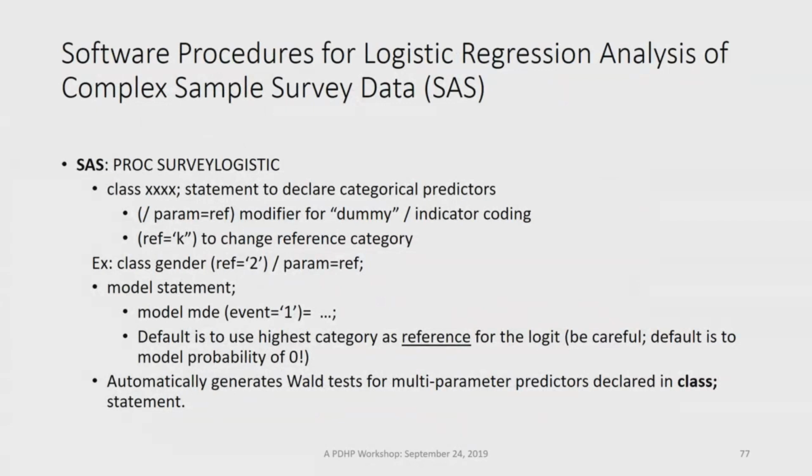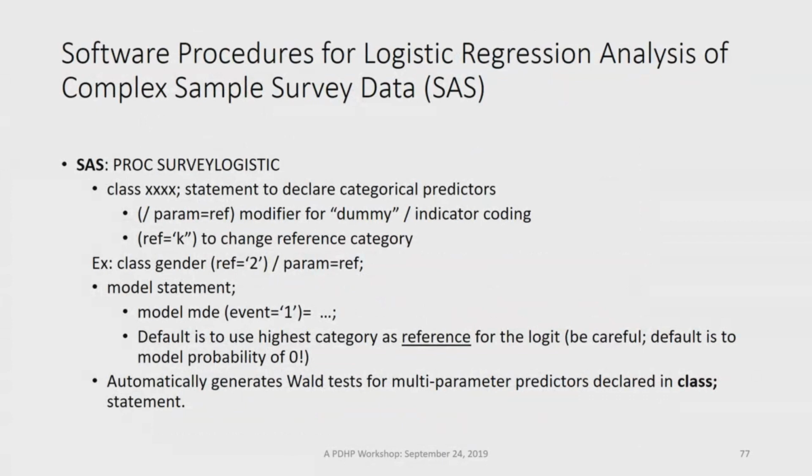Logistic regression, arguably more popular for surveys. First of all, starting in SAS, we would use proc surveylogistic within SAS, so not proc surveyreg, but surveylogistic. Again, you have a class statement. One thing to be aware of, though, if you're a SAS user fitting logistic regression models, the surveylogistic command defaults to effect coding.